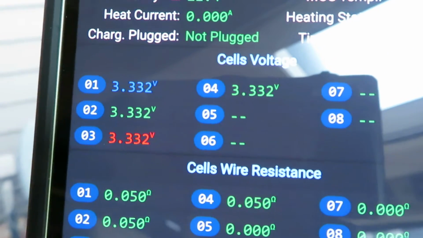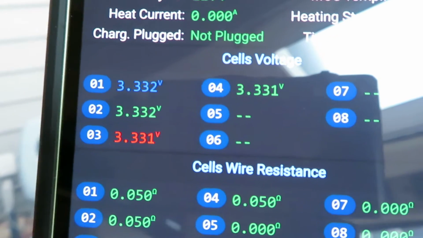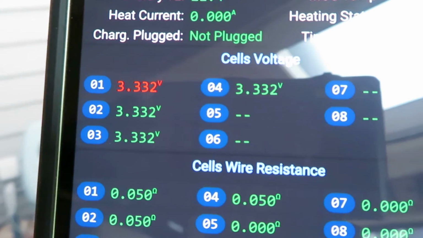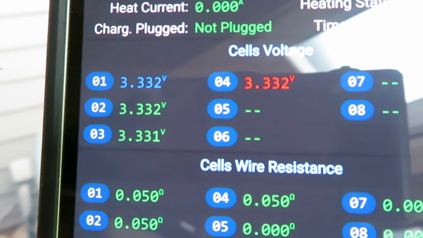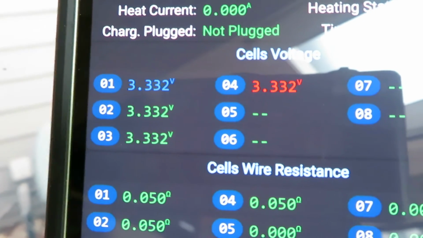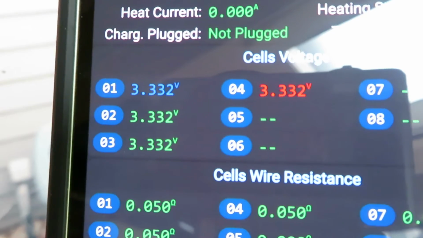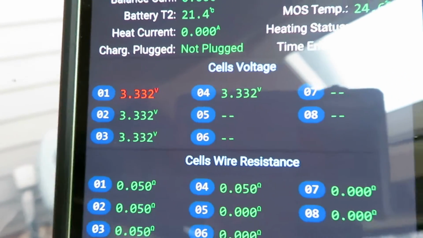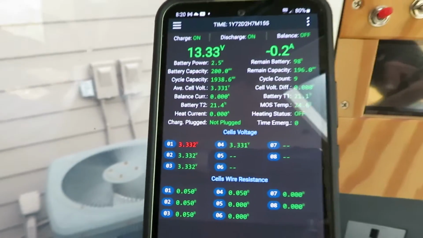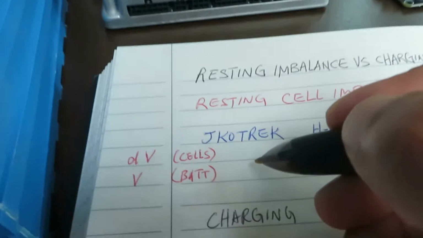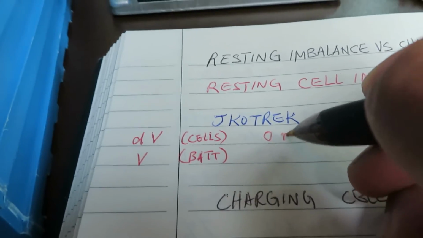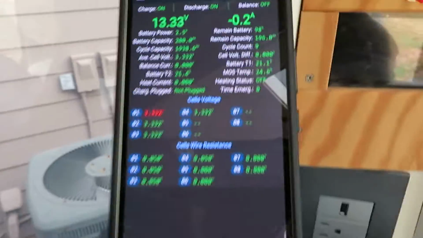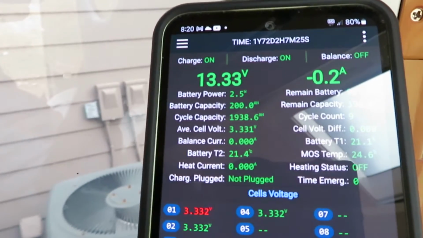As you can see, right now they're actually perfectly balanced. So it's about 1 millivolt from 3.332. Yeah, they are all 3.332. So the JK-Track battery is perfectly balanced. So I write down that dV is 0 millivolt. And the voltage is 13.33 volt.